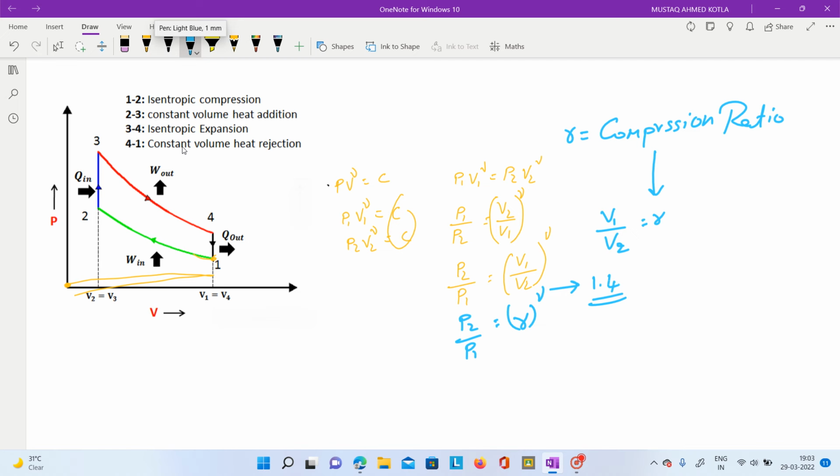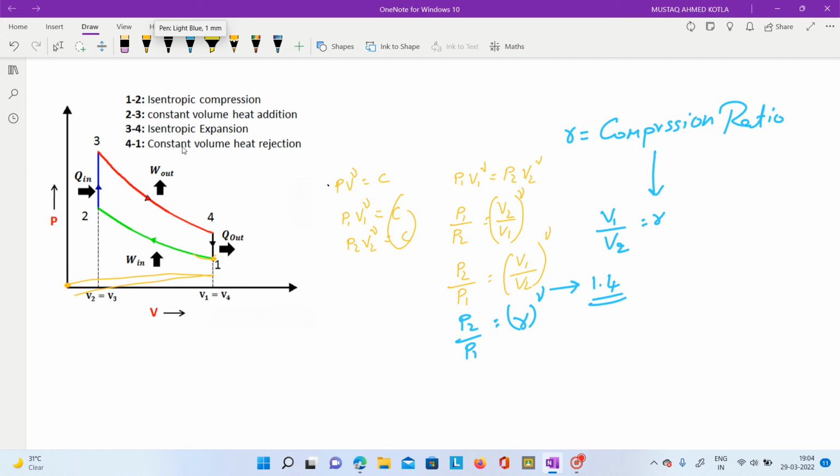If in the question they haven't given it, they will give the compression ratio. If they have not given it, they may definitely give V1 and V2. If they did not even give V1 and V2, then by PV equals mRT you can also find that, and there are many ways. As per the problem, they mostly give the value of r.